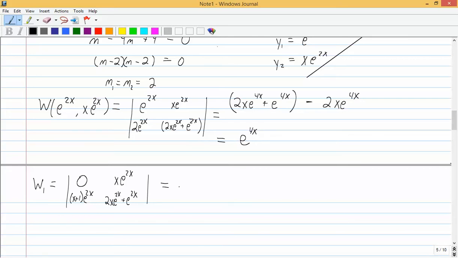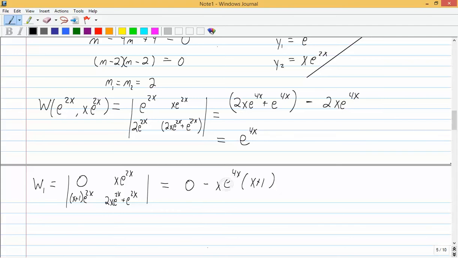This one's a little easier to work out because that's 0 minus, now here you need to multiply that. So there's a couple ways you can do that. You could really just multiply this times this and leave it on the outside. I don't care. That would be x e to the 4x times x plus 1.